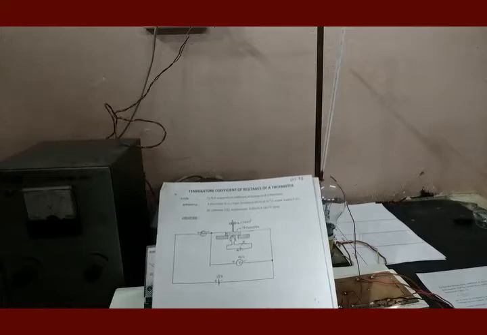There is a certain constant factor which decides with what rate the resistance of a thermistor increases if temperature is increased, and with what rate the resistance of the thermistor decreases with decrease of temperature.